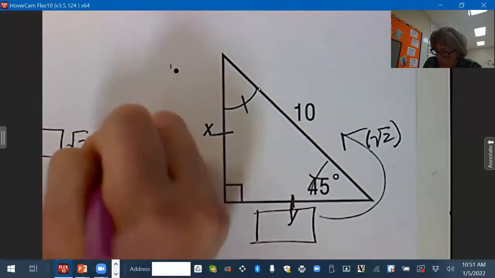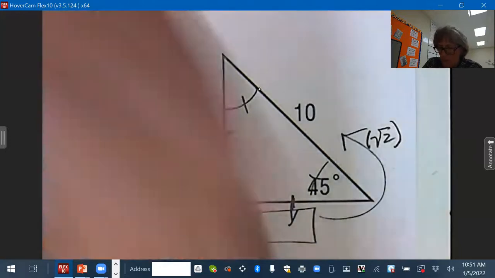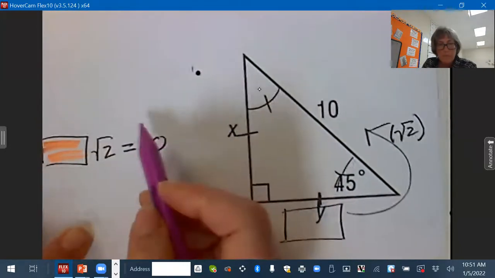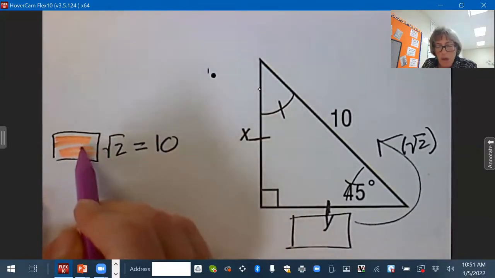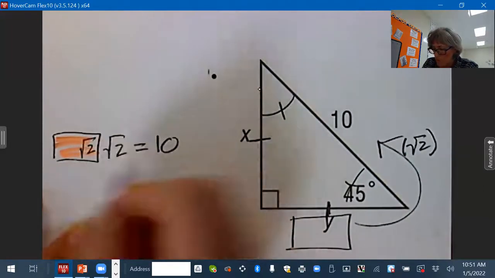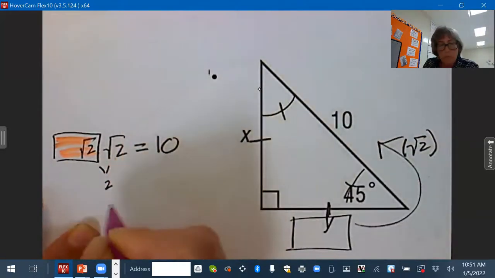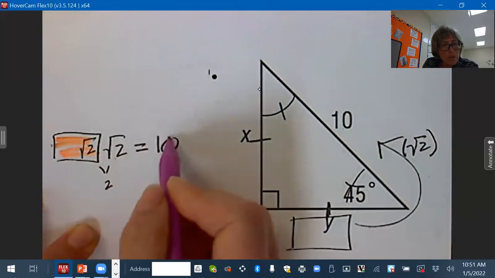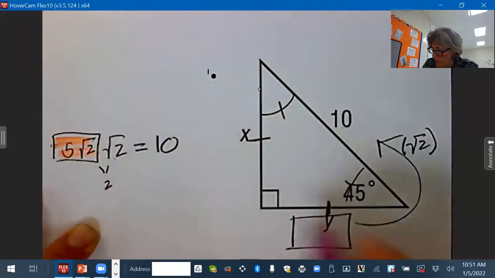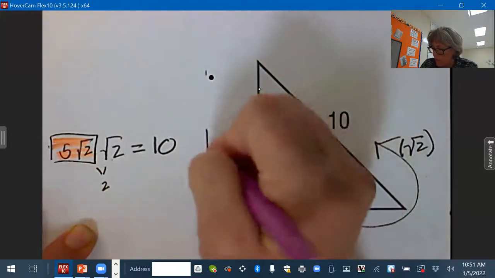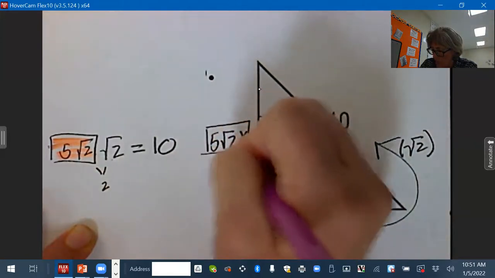Something times root 2 is 10. The question is, what's the something? In that box, we know we need a root 2 to get rid of that radical, because somehow it disappeared. Root 2 times root 2 is 2. What times 2 is 10? 5. What's in the box? 5 root 2. What's over here? 5 root 2.